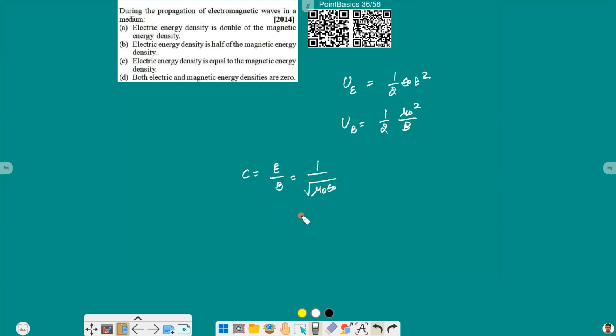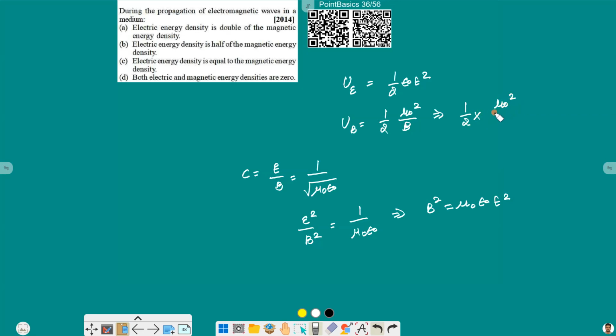Squaring both sides, we get E square by B square is equal to 1 by mu naught epsilon naught, and from this we can write that B square is equal to mu naught epsilon naught times E square.